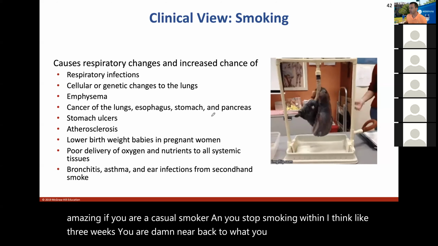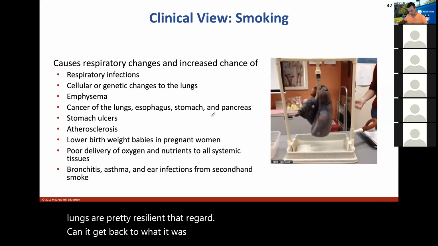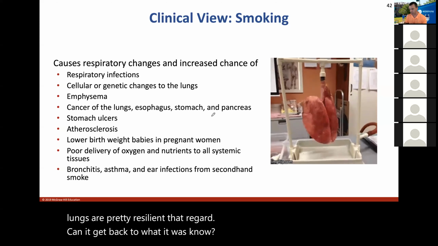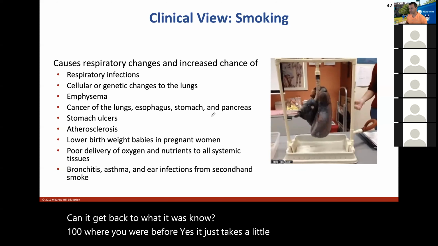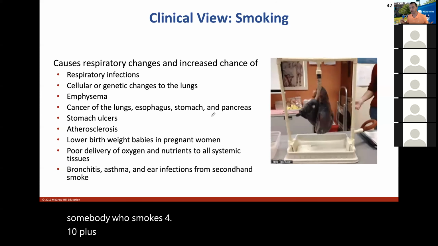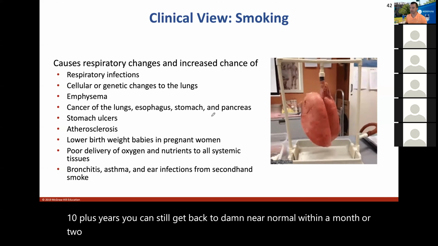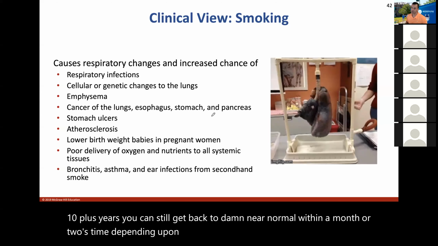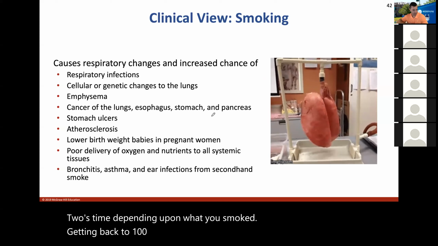Can it get back to 100% where you were before? Yes, it just takes a little bit more time. If you're somebody who smokes for 10 plus years, you can still get back to damn near normal within a month or two's time. Depending upon what you smoked, getting back to 100% may be a little bit more difficult.